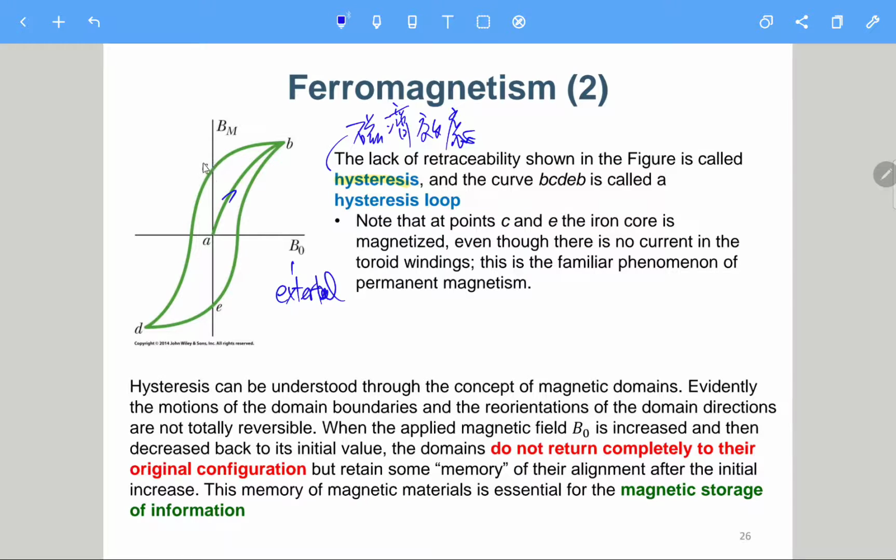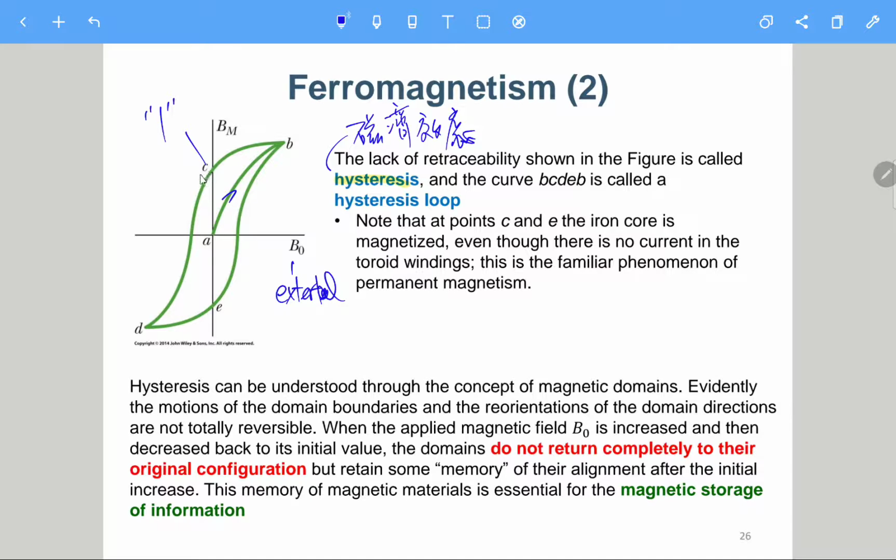If we want to store a 1 here, we put some external magnetic field in one direction, and after that it will just store a 1 here. We can sense the direction of the magnetic field at that area, then we can read this out.